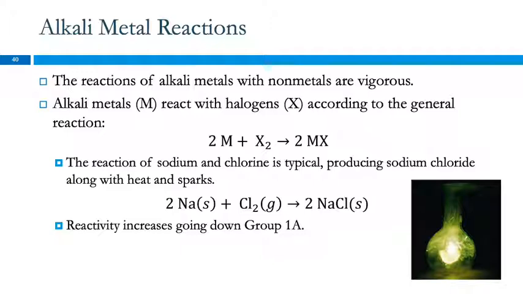You look at the predictable charges from the periodic table and you write the ionic formula. Reactivity increases as you go down the periodic table. So this is the reaction of sodium with chlorine. So as we go down, potassium, rubidium, cesium with chlorine would be even more violent.